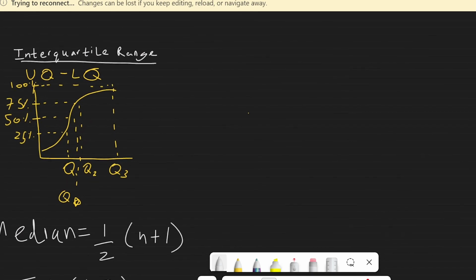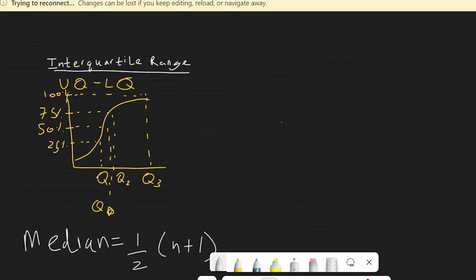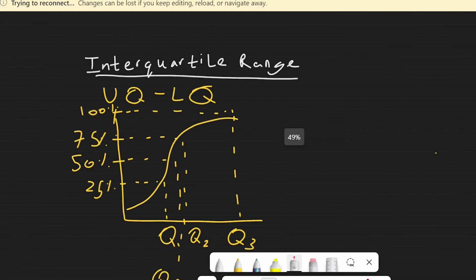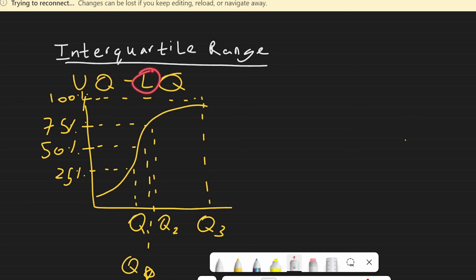So now the interquartile range is basically upper quartile minus lower quartile, which means 75% minus 25%, so this area. But as the quantity, we have to refer to quantity: the lower is a quantity, the upper is a quantity, so the interquartile range would also be a quantity.